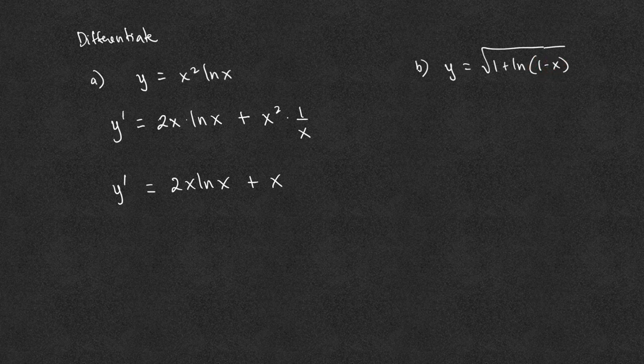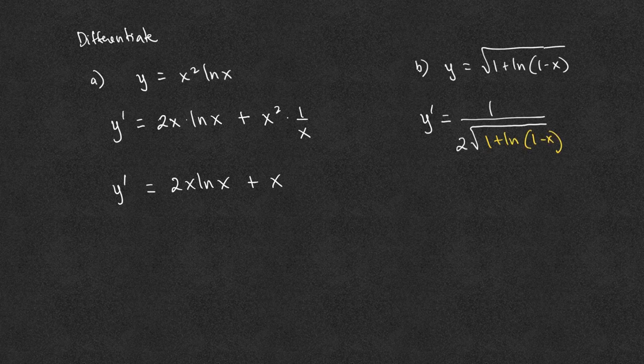Using the chain rule, y prime equals the derivative of the square root, which is 1 over 2 the square root of the same argument inside. So we would rewrite 1 plus ln of 1 minus x.